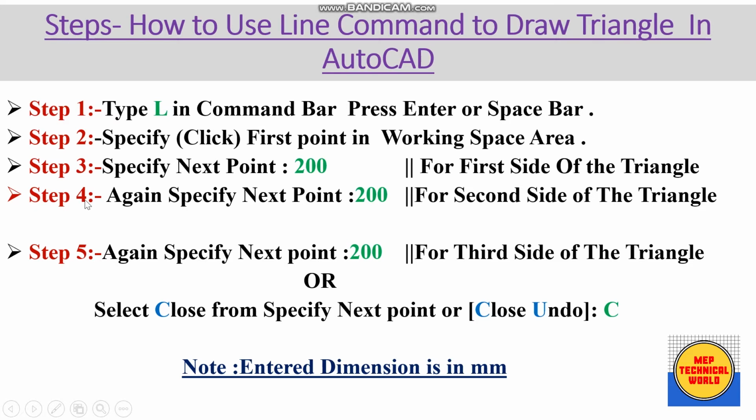Step 4, again specify next point, that is 200 mm for second side of the triangle. Step 5, again specify next point 200 mm for third side of the triangle, or select close from the specify next point. So enter or type C in the command bar.